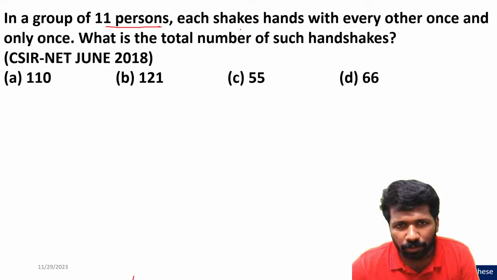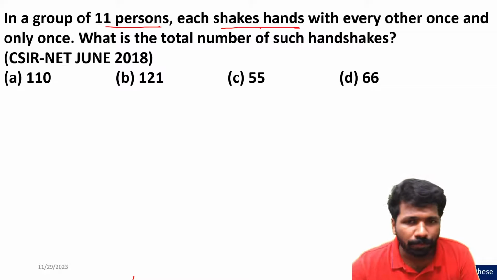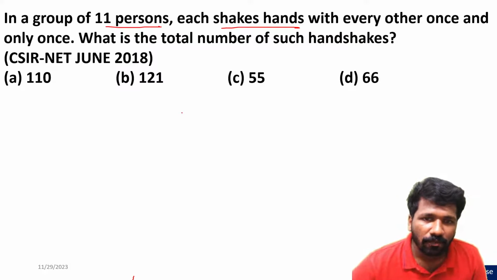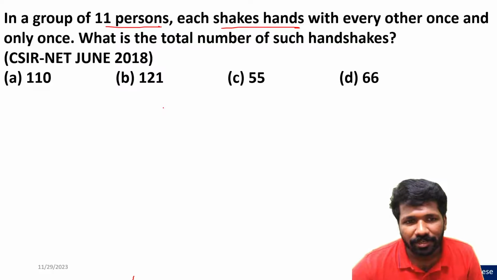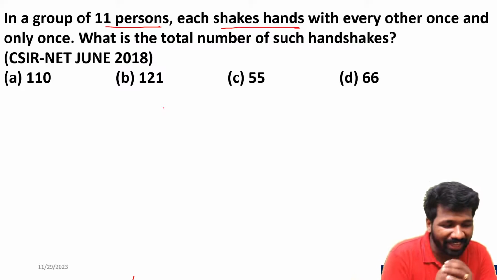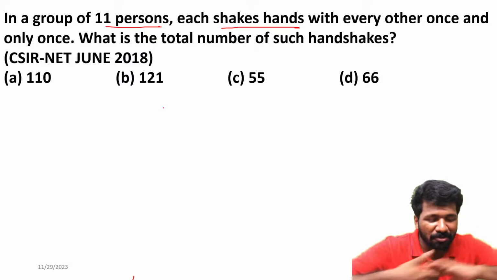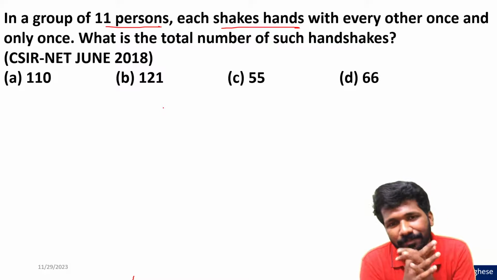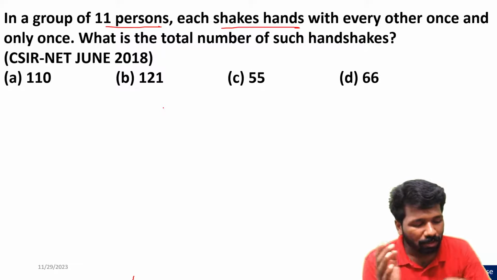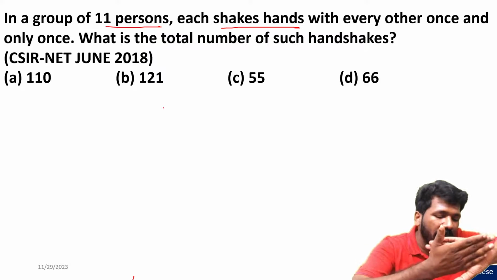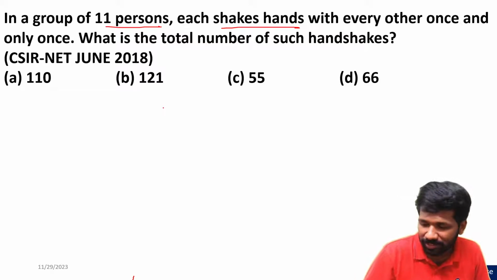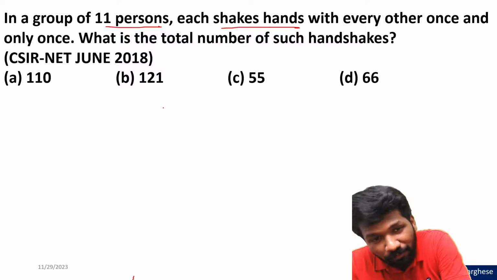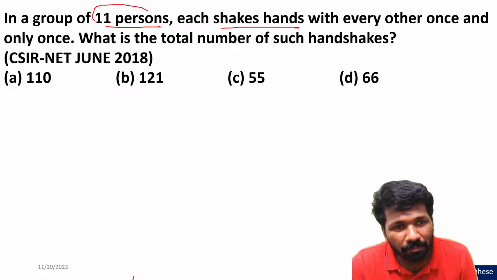From 11 people, you need to pick people to shake hands. For a handshake, how many people are needed at a time? Not 10 people, only 2 people. Now, are you understanding? Because 2 hands of 2 different people are needed for one handshake. So 2 different people should be selected from 11 different people.